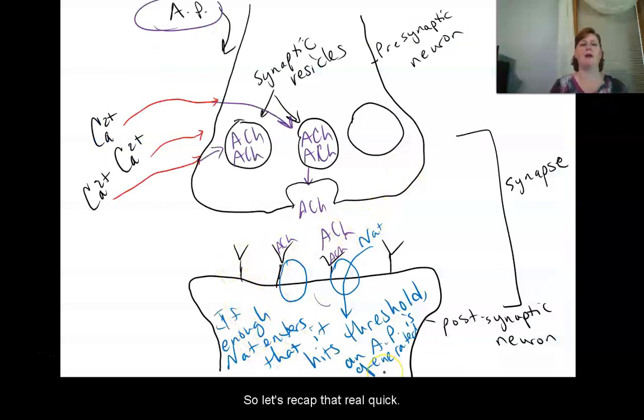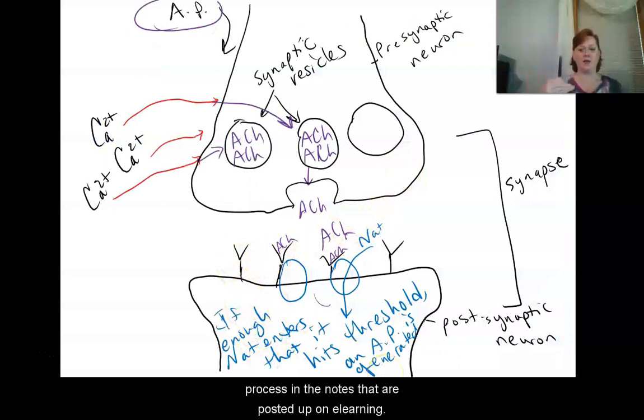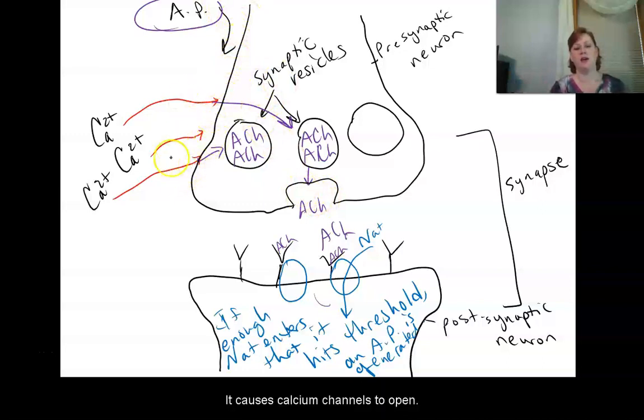So let's recap that real quick. And don't forget that the steps are laid out for this process in the notes that are posted up on eLearning. So my action potential travels down this presynaptic neuron. It causes calcium channels to open.